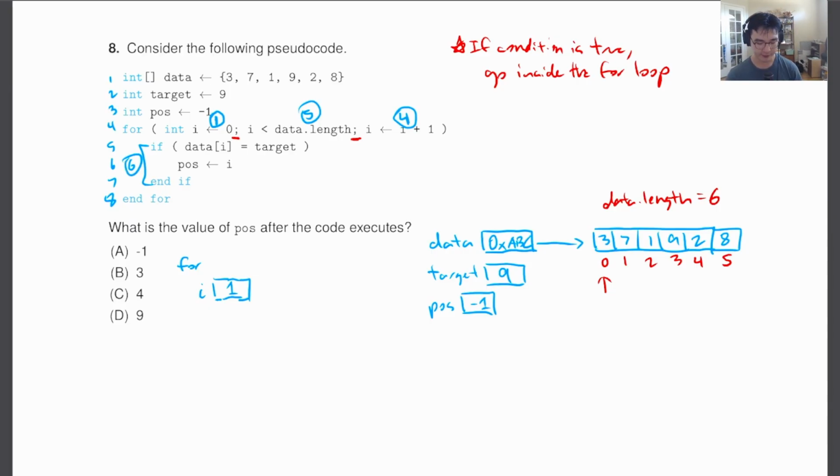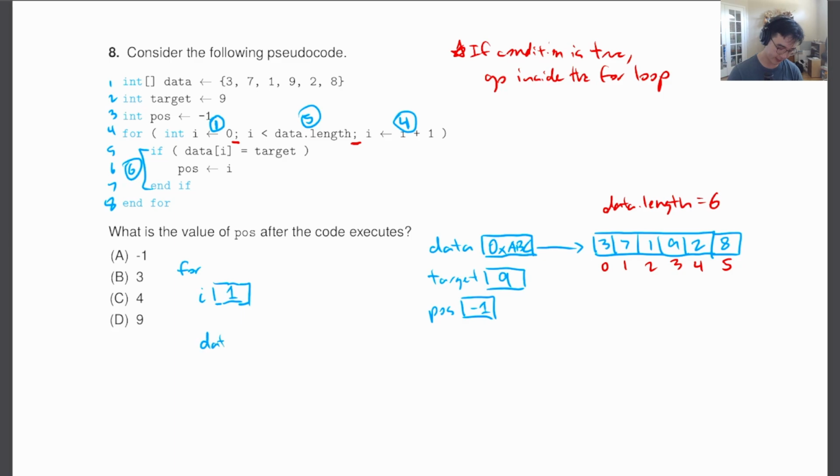And you ask yourself, is data at index I equal to my target value? Well, what is data at I, or data at 1? If we look at our array, that is the value of 7. So you ask yourself, is 7 equal to target, which is 9? No, 7 is not equal to 9.